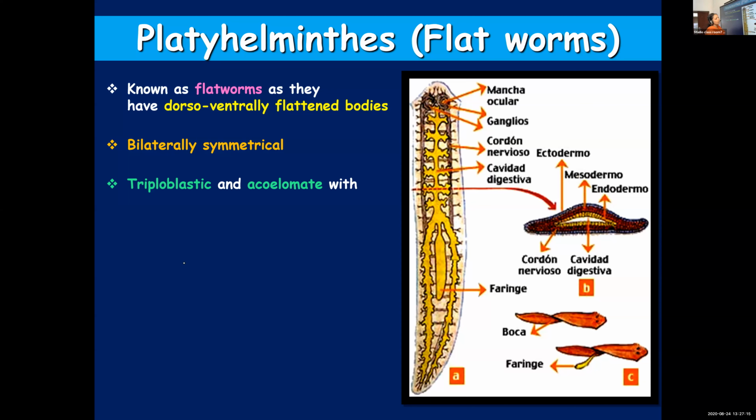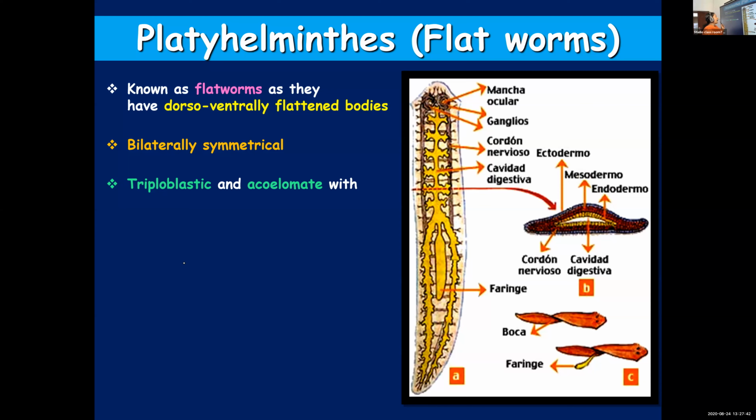And acoelomate. Rijas, what is meant by acoelomate? Absence of body cavity. What do you call that true body cavity? Coelom. So their coelom or true body cavity is absent.